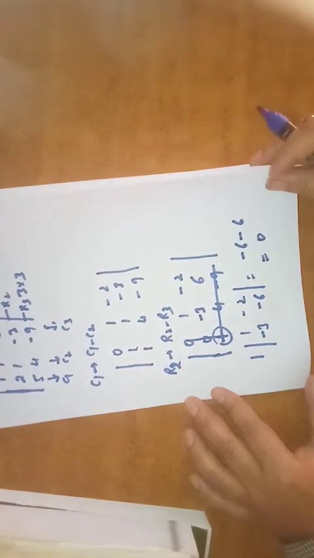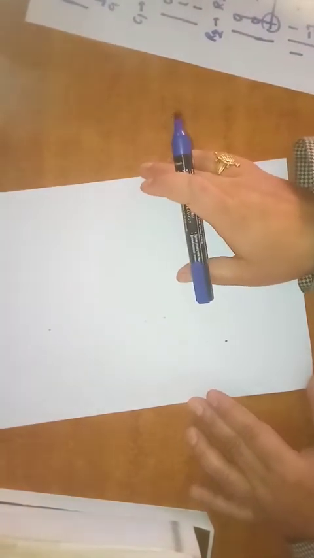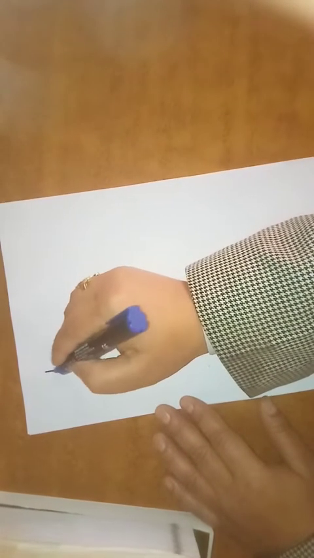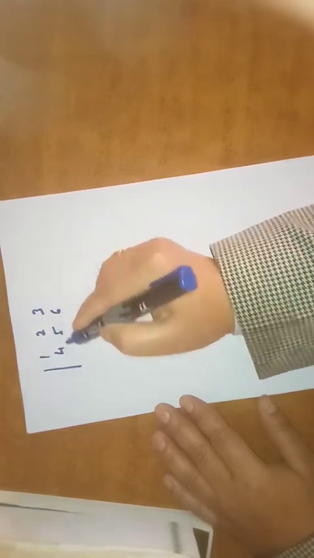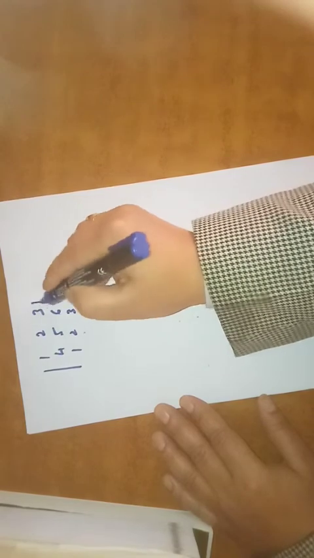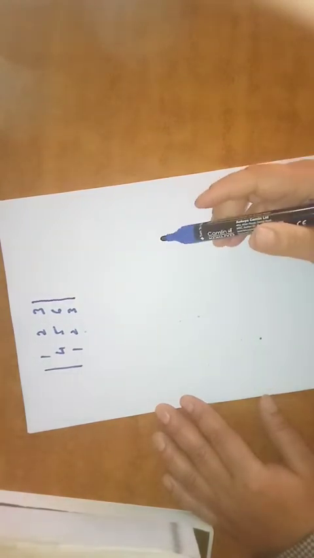Another property of the determinant is that if any two rows or two columns are identical, then the value of the determinant is 0. Like one of the examples here: 1 2 3, 4 5 6, again 1 2 3. Here two rows R1 and R3 are identical.